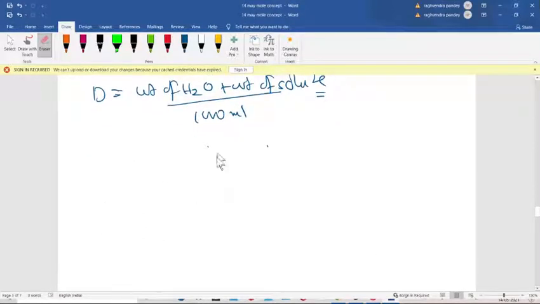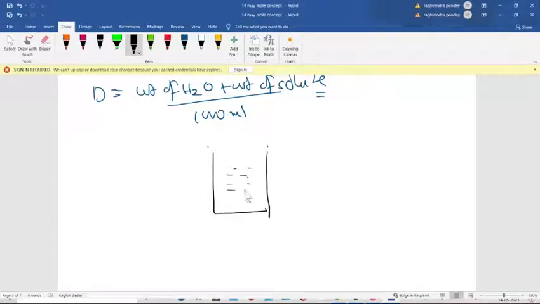So in this solution there is water plus solute, as we can take.